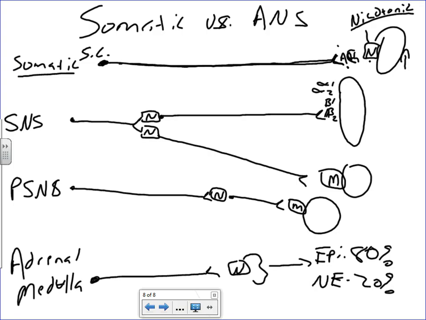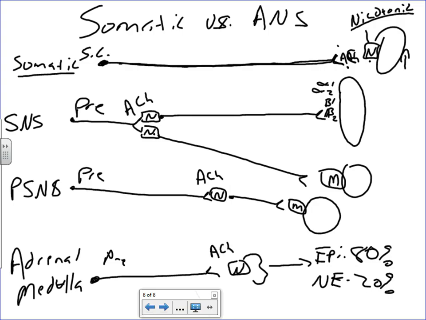The muscle is going to contract. Now notice a pattern down here. These would be the preganglionic nerves, and the neurotransmitter that interacts with nicotinic receptors is acetylcholine.